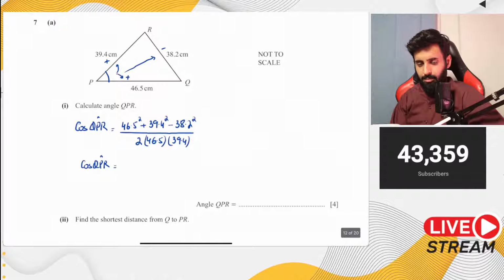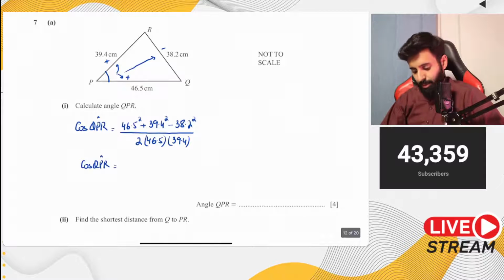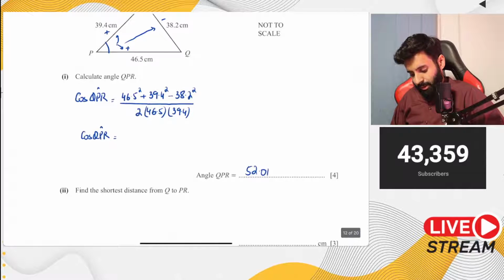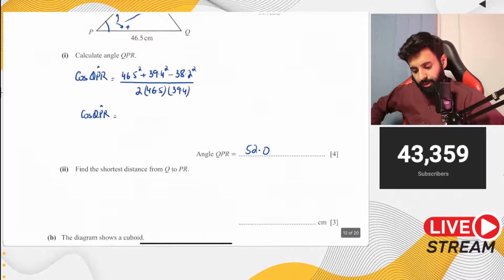No need to break it down into parts, just work it out in one go. 39.4 squared plus 46.5 squared minus 38.2 squared divided by 2 into 46.5 into 39.4, and then take the cos inverse of the answer. If you do everything correctly, what you end up with is 52.01. Angles have to be given correct to one decimal place, so we leave it as 52.0. So there you go, that's your answer.